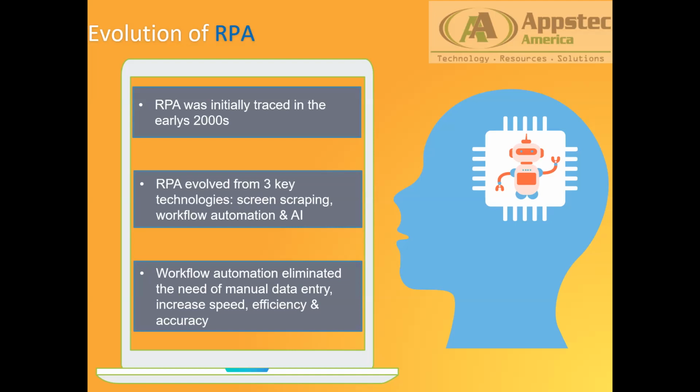This type of automation expands on RPA functionality by incorporating disciplines of AI, machine learning, natural language processing, computer vision. These are all the advances of intelligent process automation that we will talk about.